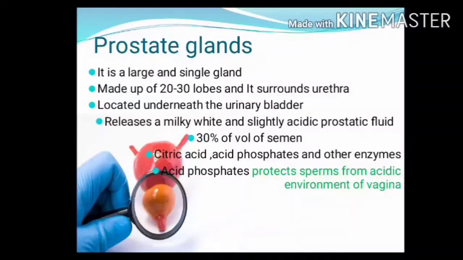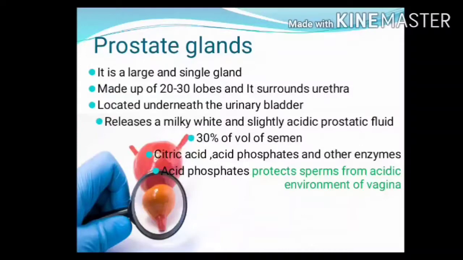Now the next gland is the prostate gland. It is a large, single gland made up of 20 to 30 lobes and is located underneath the urinary bladder. It surrounds the urethra and releases a milky white and slightly acidic prostatic fluid into the urethra, and it forms about 30% of the volume of semen.